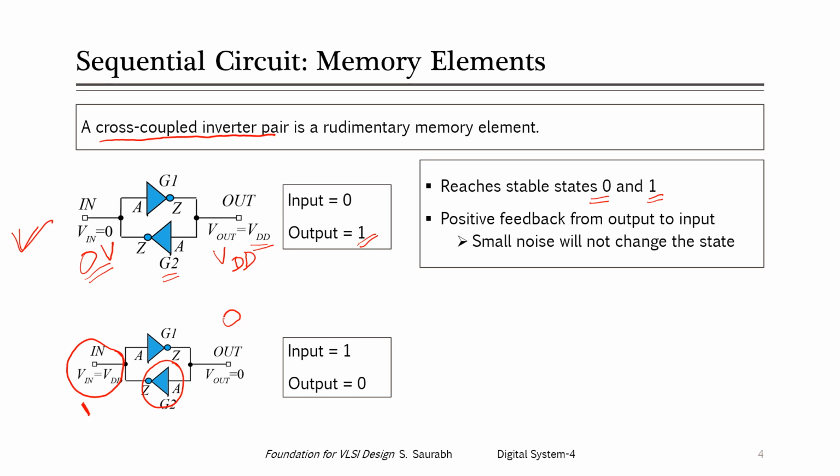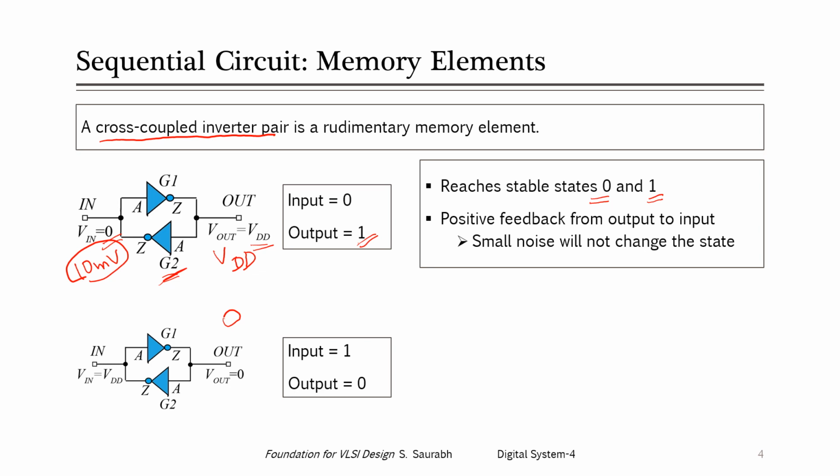For example, if the input fluctuates and there is some small voltage change, so instead of 0 volt at the input it was slightly, say, 10 millivolt, this small change in voltage will actually get cancelled out by the second inverter G2, which forces the input towards 0 volt, right? Since the input is 10 millivolt, it is very low, so it will still be considered as logic 0.